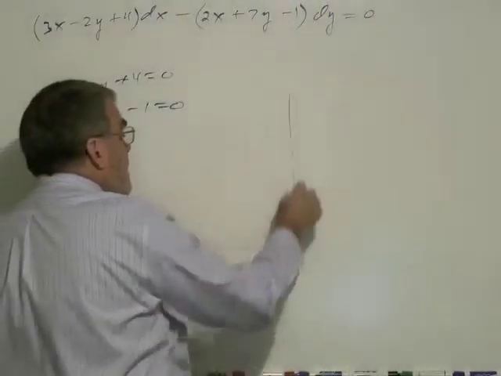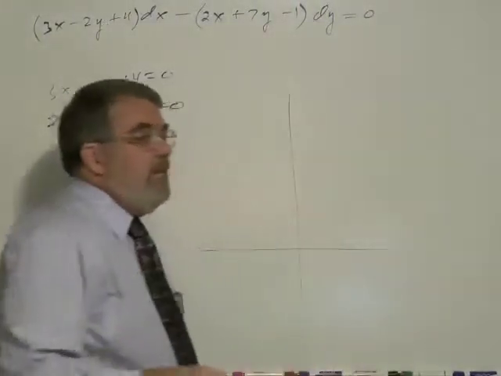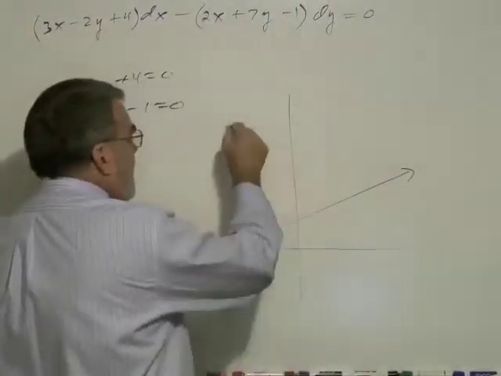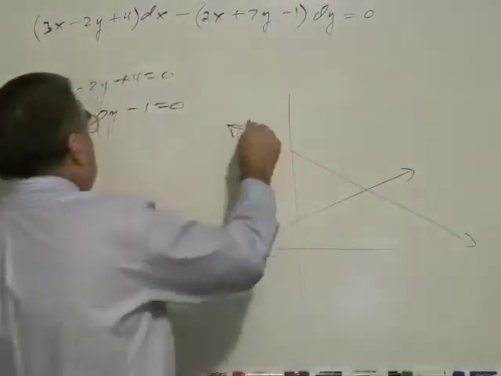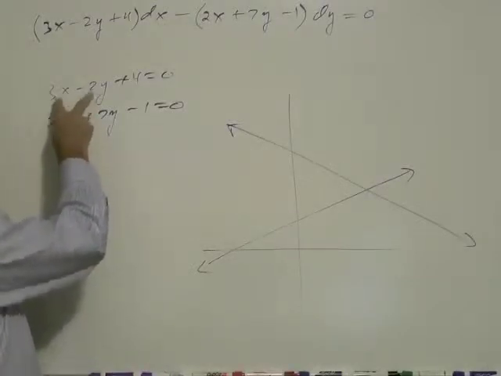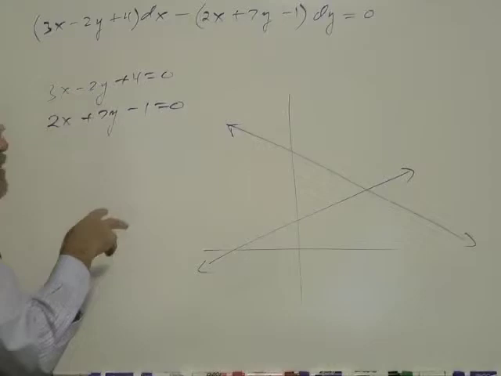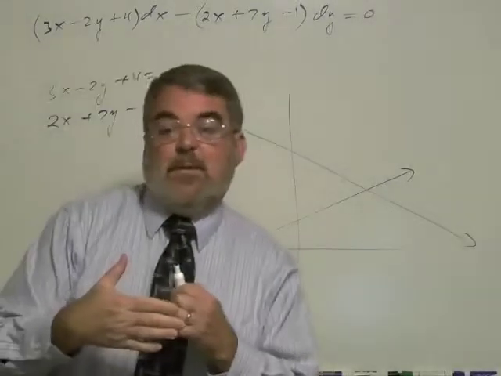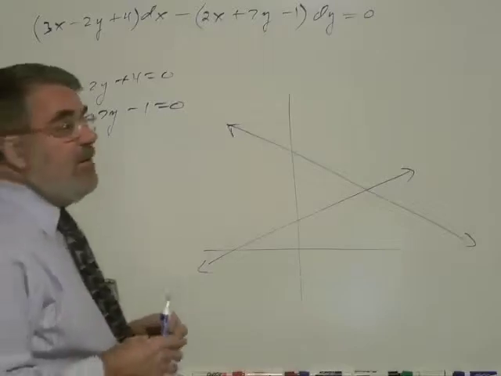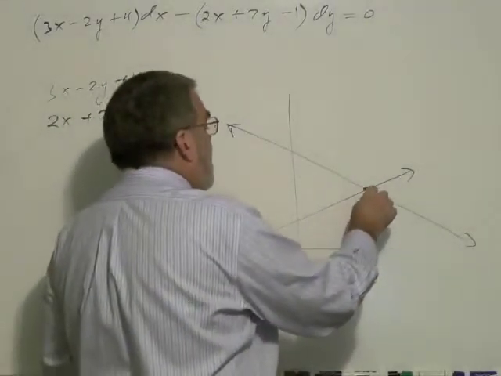I'm not going to attempt to draw them accurately, I'm just going to pretend these are the two lines. They're not parallel. If they had the same coefficients for x and y, then they would be parallel lines, or they could actually be the same line. But they're definitely not parallel lines, which means they're going to intersect somewhere out here.